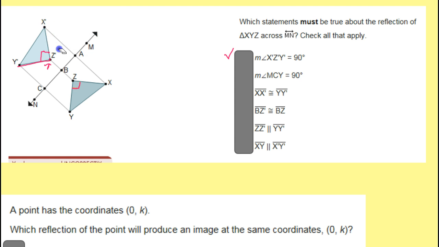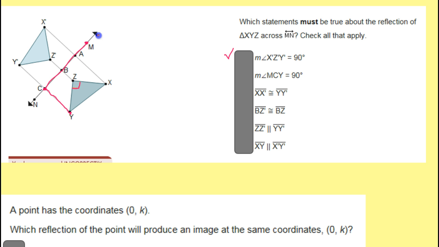You know what, maybe I can erase this now. Okay, MCY. So here's M, and here's C, and here's Y. So they're asking, is this angle right here a 90-degree angle?